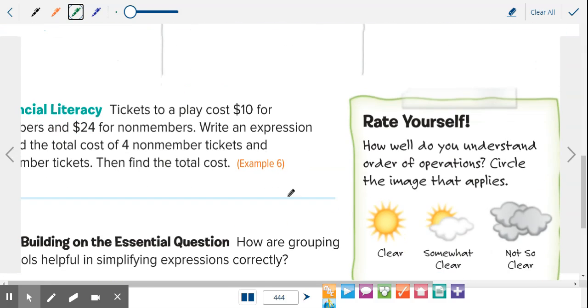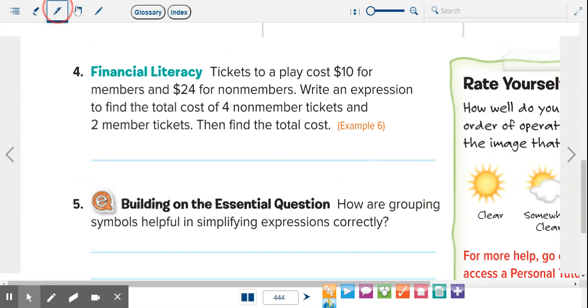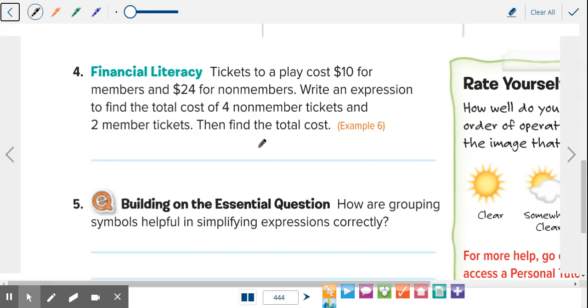So let's go down here and do one together. Number 4. It says tickets to a play cost $10 for members and $24 for non-members. They want you to write an expression to find the total cost for 4 non-members and 2 member tickets.